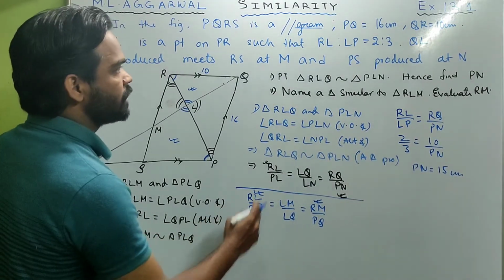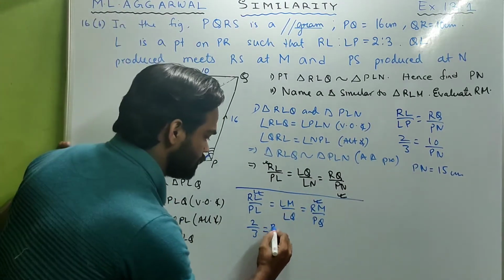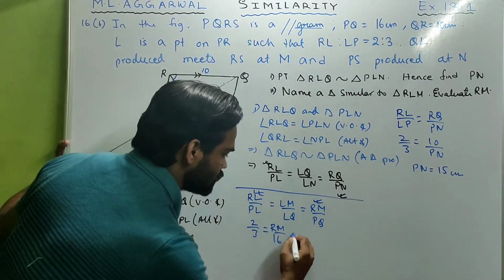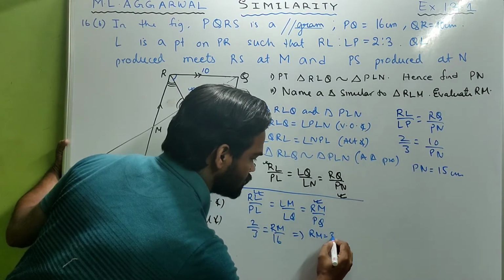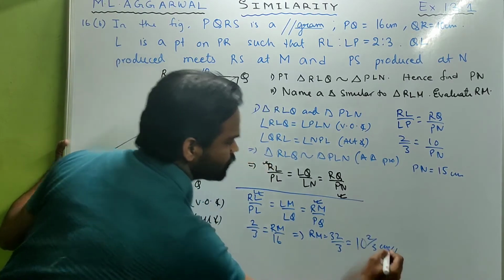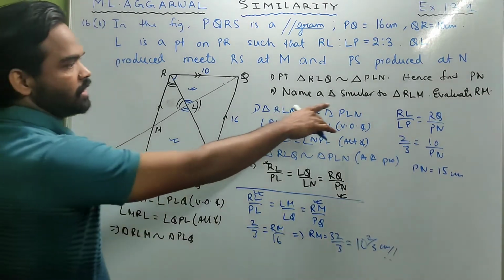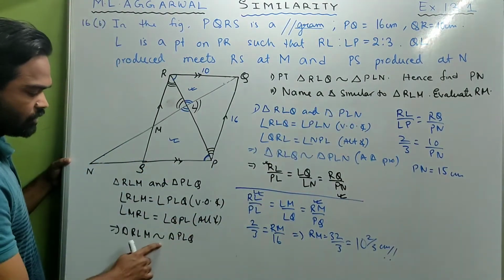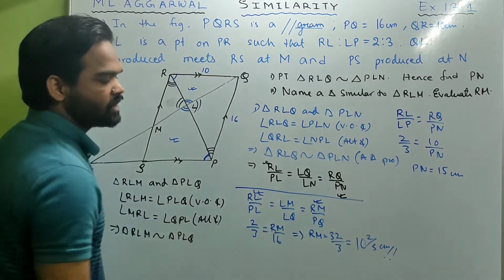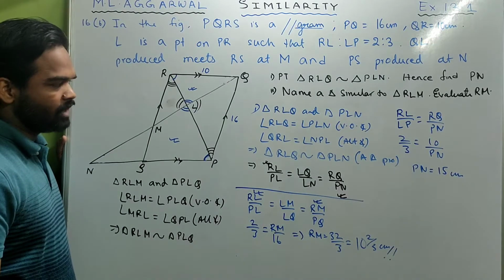So RL by PL is 2 by 3, so 2 by 3 is equal to RM, which we don't know, by PQ, which is 16, so RM will be 32 by 3, that's 10 2 by 3 centimeter. Done. Pretty easy. They asked to name a triangle similar to RLM, so RLM is similar to triangle PLQ. Evaluate RM: RM is 10 2 by 3 centimeter. Done. I think this was very easy.